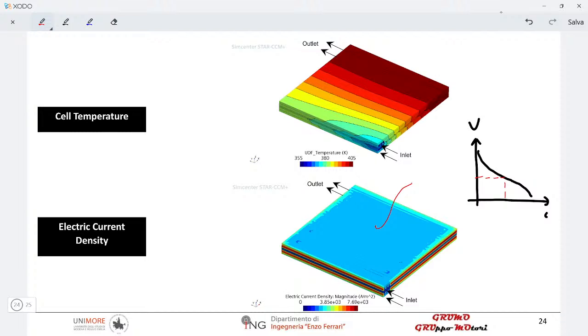Once you only read the polarization curve, you don't know anything about the spatial distribution and the local inefficiencies that you might have. Once you have this kind of models, not only you see the global value, but you also understand if your cell is operating in the uniform and optimal way that you designed it for. Okay, so I think this is really the added value of this kind of simulation.